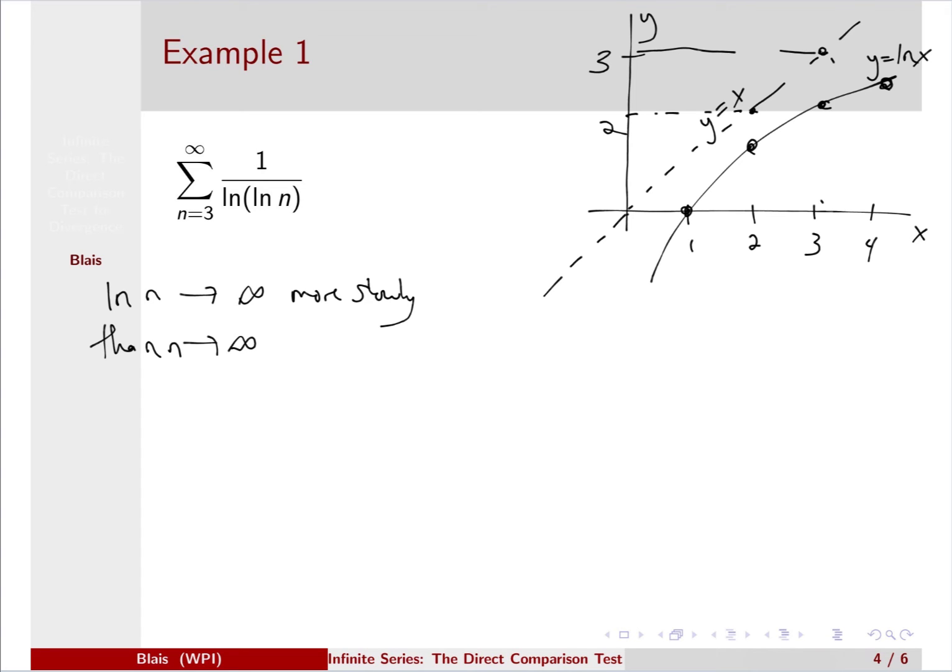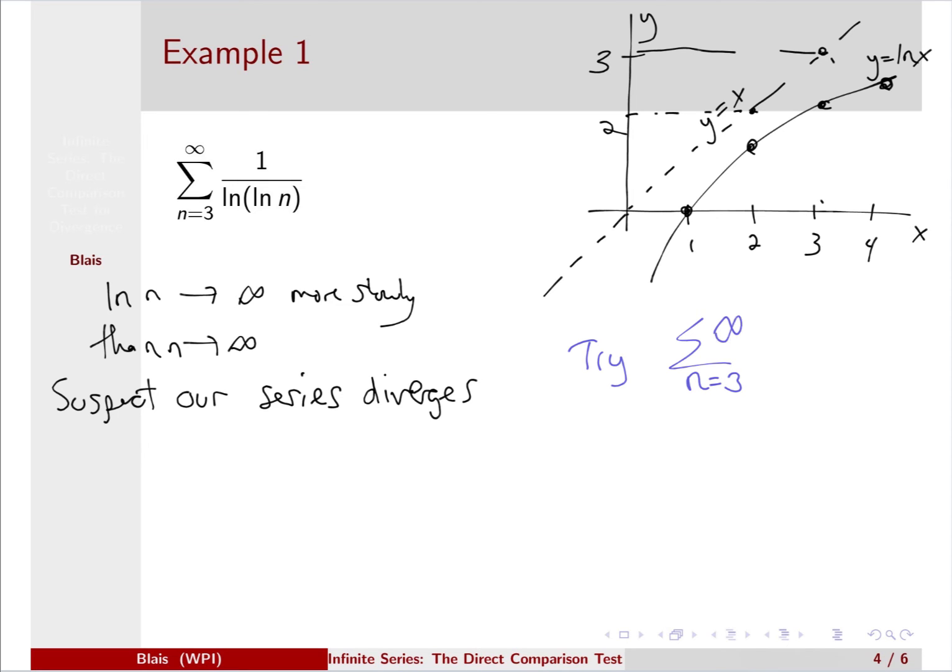So if we suspect our series diverges, and we don't really know what to use for a comparison, it's often worth trying the classic divergent series, or the harmonic series. So let's try comparing to the sum n equals 3 to infinity of 1 over n, again, called the harmonic series, which we know diverges.